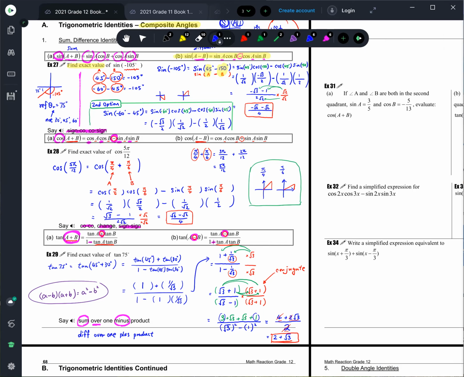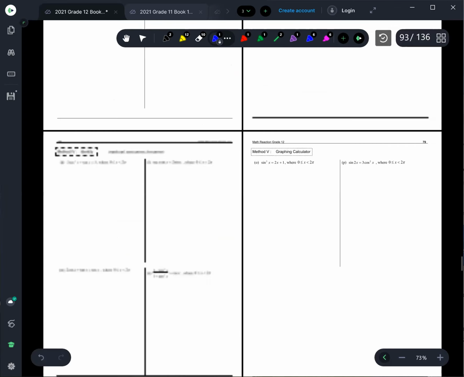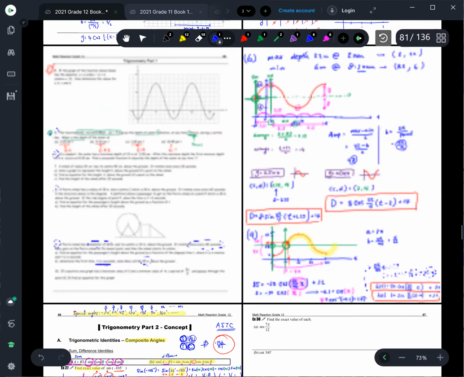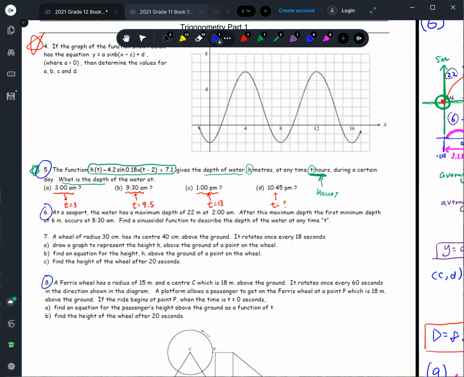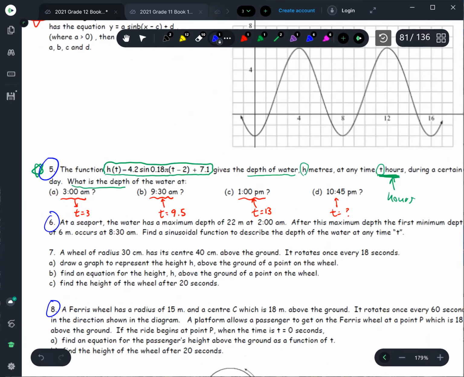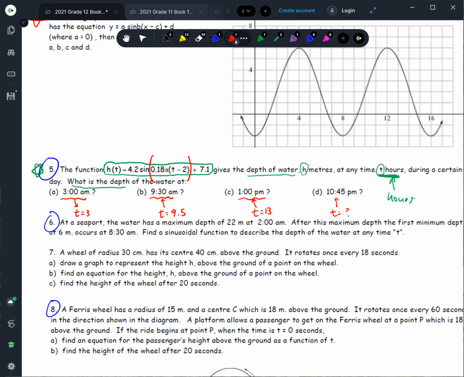Okay, any question about homework? Can you go over number 5? I'm not sure if I did it right. Number 5. Do I just plug in the 3 into the function? Yeah, you need to type it into the calculator. Make sure you're in radian mode. When you type it in, this part is inside the sine. You see a red bracket I put? So for example, you put 3 in, you have to do 3 minus 2 times 0.18 pi.